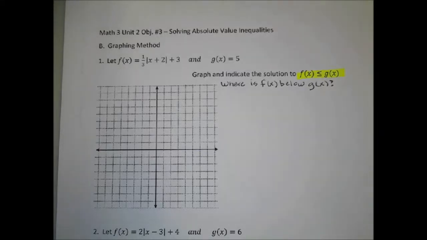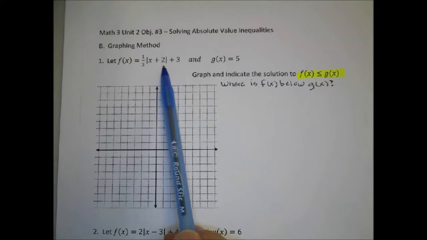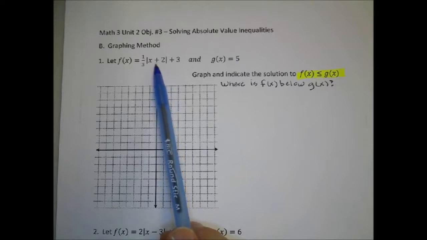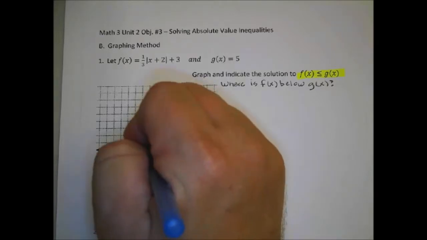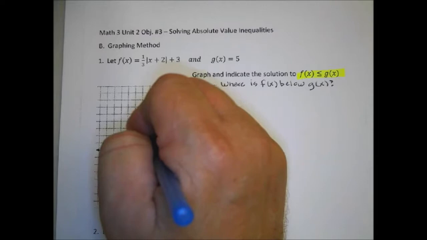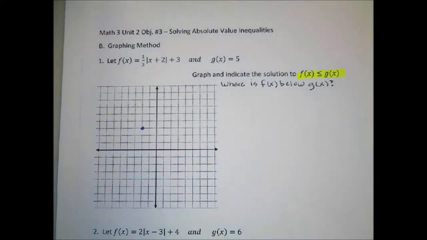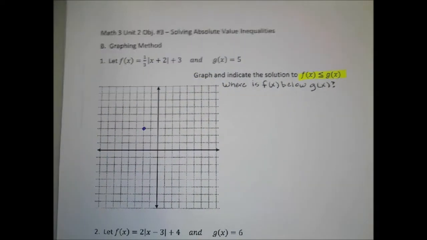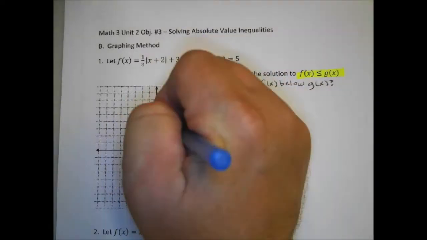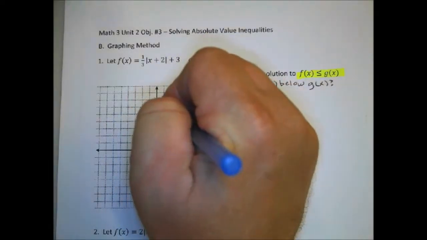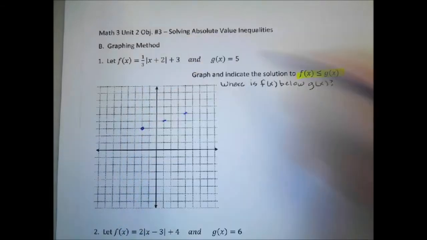So the first thing we're going to have to do for these is graph them. The f of x function is an absolute value function, so you know it's going to make a V. The vertex of that absolute value V is negative 2, positive 3. And the slope to get to the next points is up 1 over 3. Up 1 over 3, and I'm going to do it one more time. Up 1 over 3.